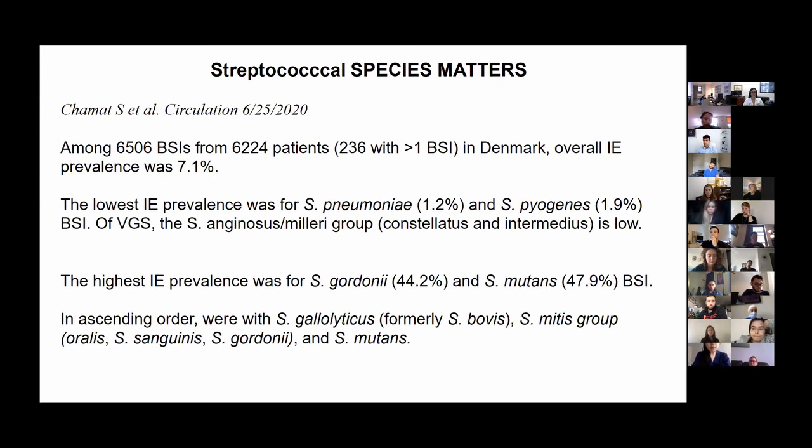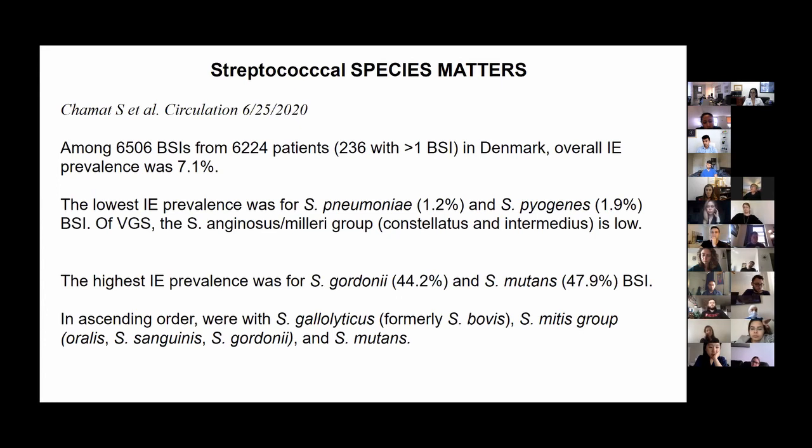I've got it up there really just for you to recognize it, but Gallolyticus was formerly strep bovis, group D strep. It's kind of a separate little group. That's the one that's associated with colon cancer. The rest are pretty much oral pharyngeal, but anywhere in the GI tract. So they all have a high incidence of associated infective endocarditis.